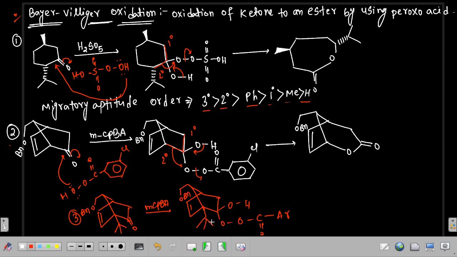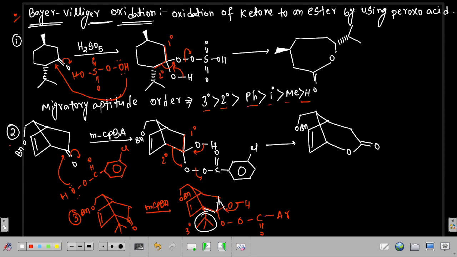Now there is an exception, like this is a 3 degree carbon, this is a 3 degree carbon, but here we have the presence of this tertiary bulky group. This is a very bulky group, so in presence of this group there will be shifting: this CH2 will shift, not this one, this bond will not shift.